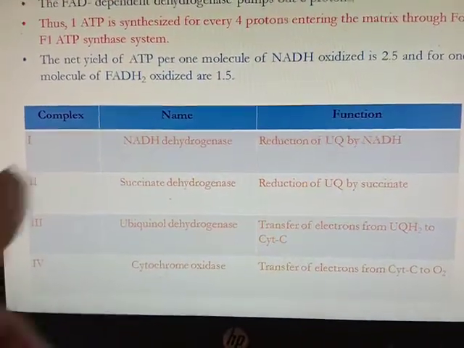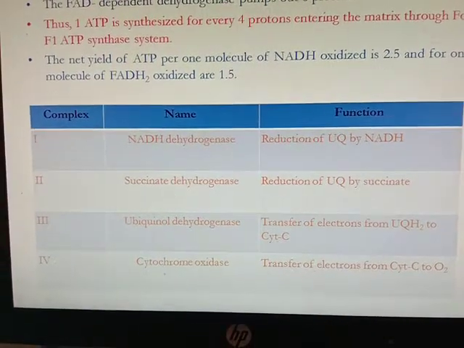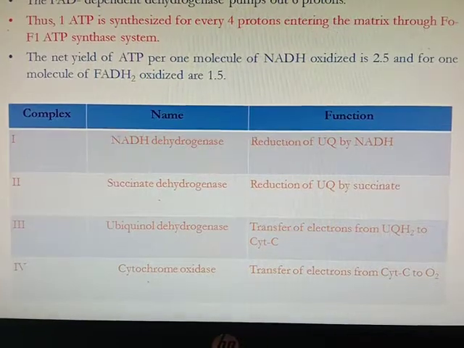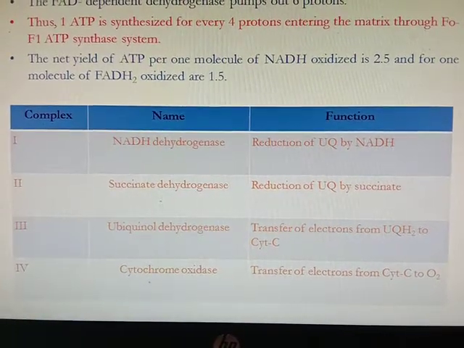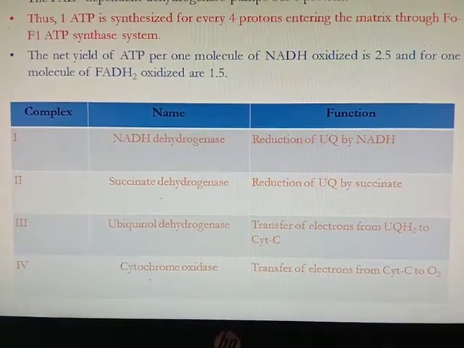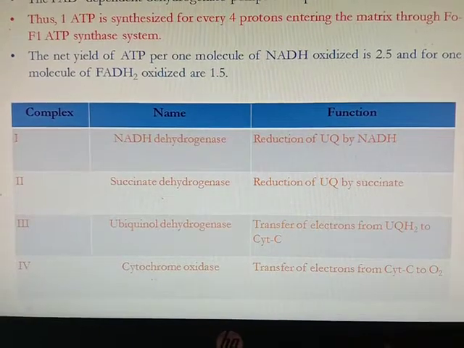Then complex 1 to 4, their names and their functions. Complex 1, NADH dehydrogenase, catalyzes the reduction of ubiquinone by NADH, meaning NADH shifts its hydrogen to ubiquinone. Then succinate dehydrogenase, also called complex 2, catalyzes the reduction of ubiquinone by succinate.